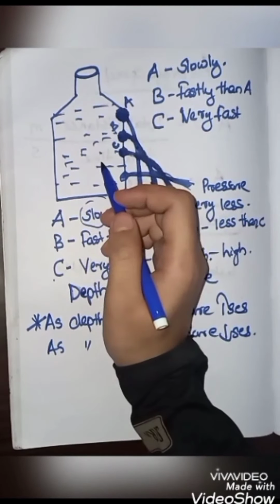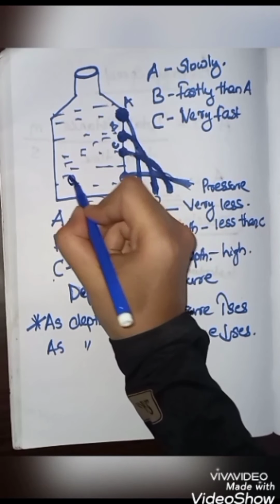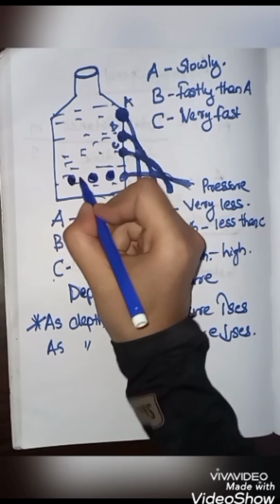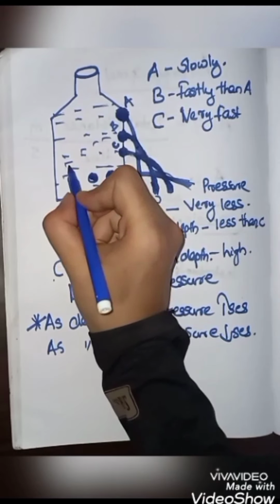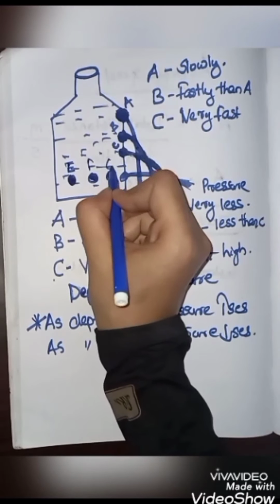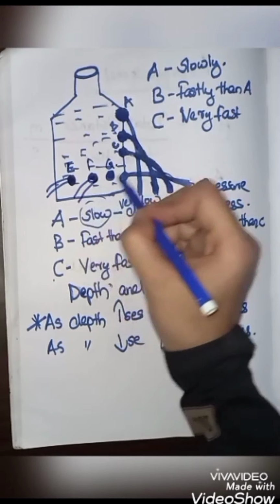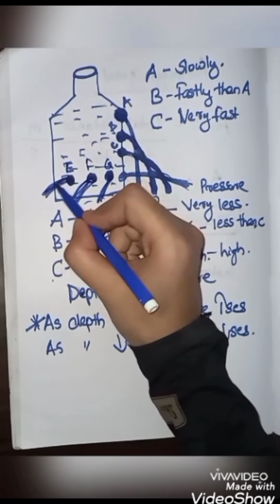Okay, what will happen when I make 2 or 3 holes at the same depth? Here at the same depth there are 3 holes. We can call them E, F, G. Here the water exerts equal pressure.